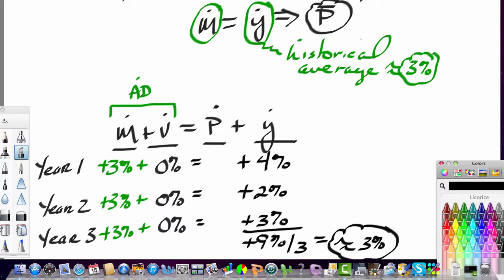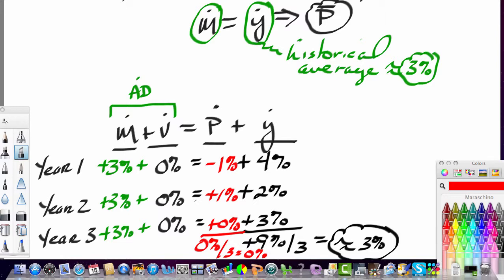Now, what do prices do? Well, in the first year, prices go down. We have deflation. In the second year, we have slight inflation. In the third year, we have price stability. Those add up to 0. 0 divided by 3 is 0.